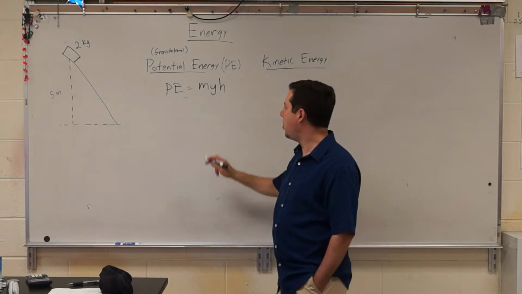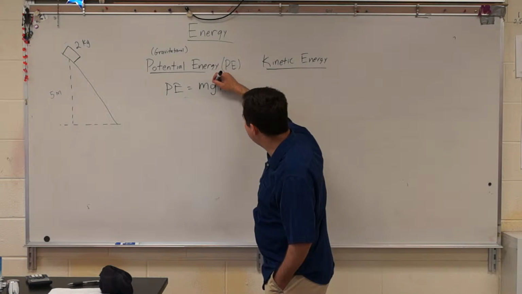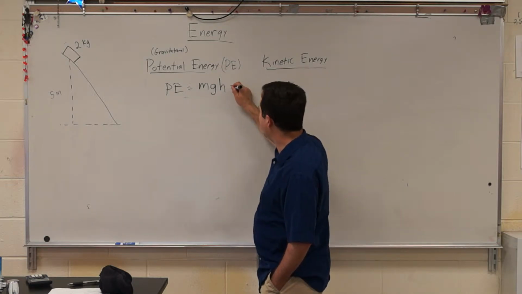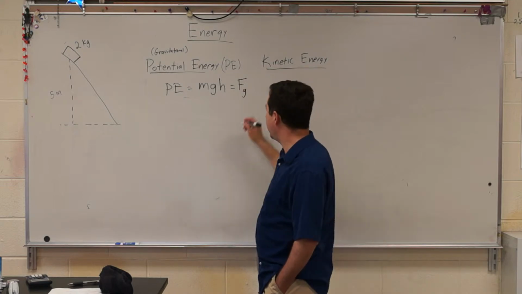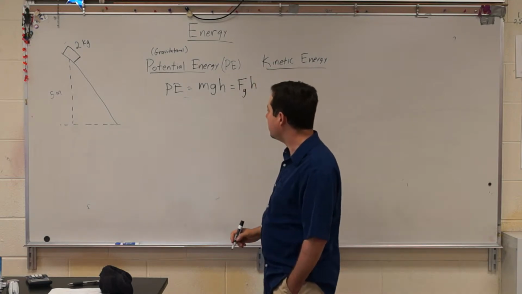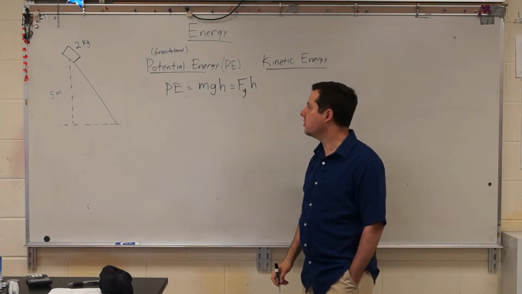Now I want to also point out that mg, we've seen that before, mg is really just the weight. So you could also write this as F sub g, the weight of the object, times the height. Either way works, but this is the equation that you'll see on your reference table.